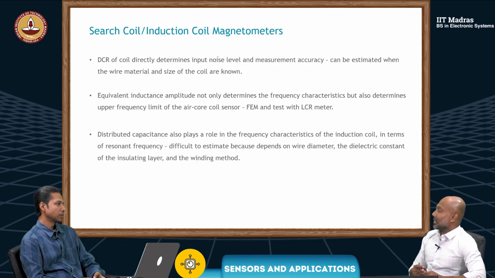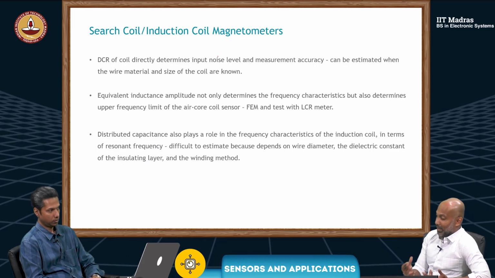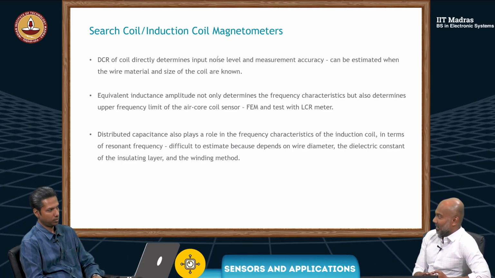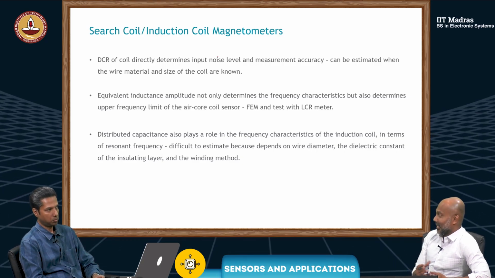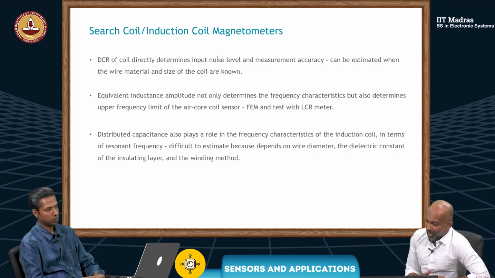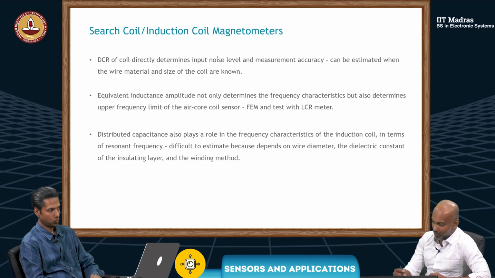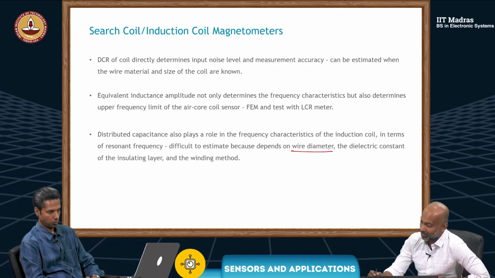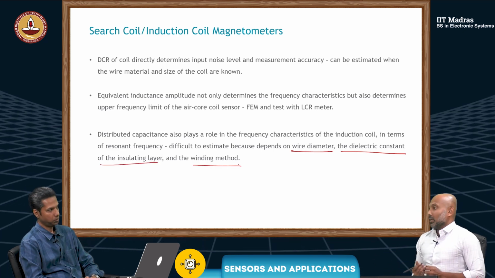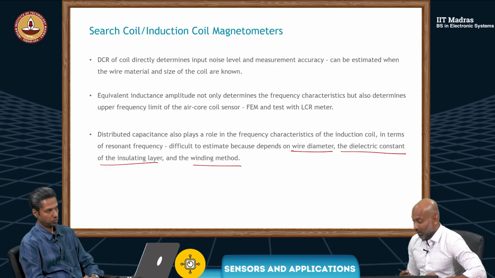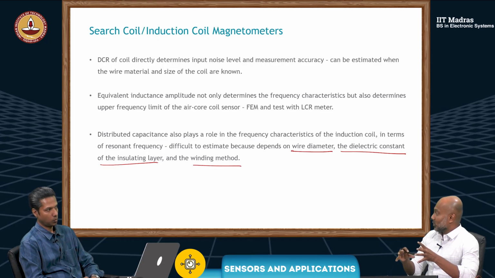Something that is not so easy to estimate is the distributed capacitance, but that also plays a critical role in the frequency characteristics. It depends on a lot of things: the diameter of the wire, the dielectric constant of the insulating layer, and the winding method. Different types of windings have different space factors, for example.